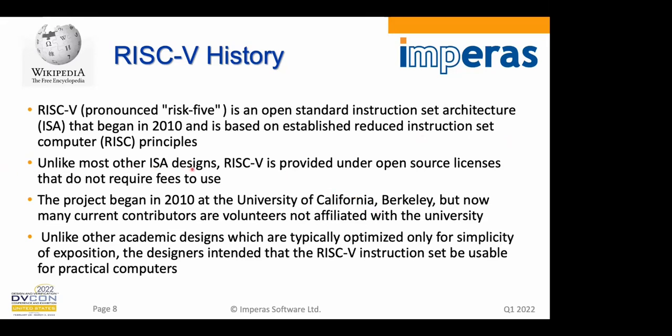One of the key differences between RISC-V and other ISA designs is that it's provided under open source licenses. So there's no fee to use it, and no proprietary technology involved in it. And it's not really just an academic design. It's now being taken on by a lot of other people outside the universities, obviously. And its goal is about simplicity and for it to be used practically and commercially.